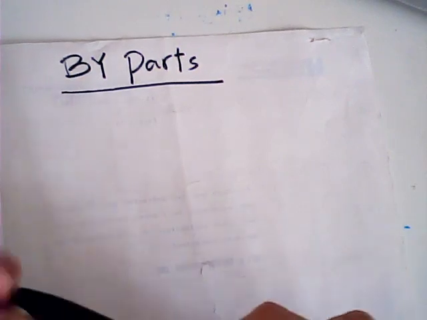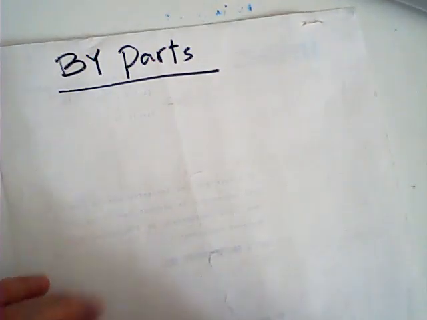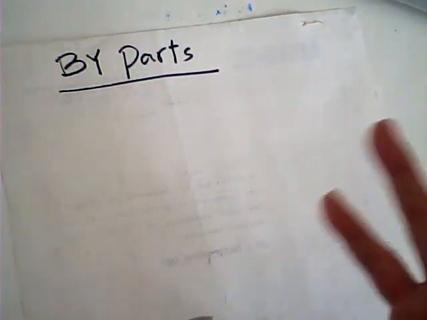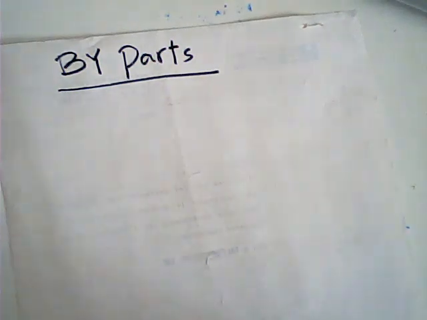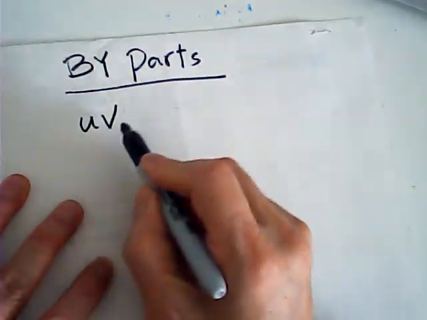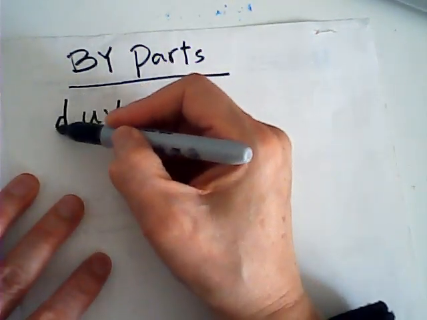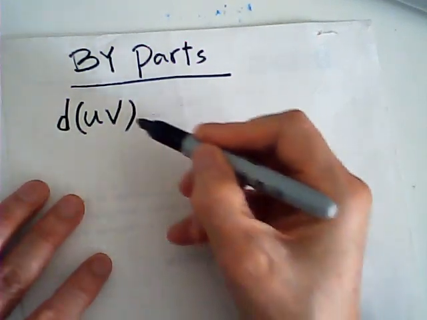Integrate by parts is a very useful technique in integrations. It comes from this: you have uv, where u and v are functions of x, and you differentiate.